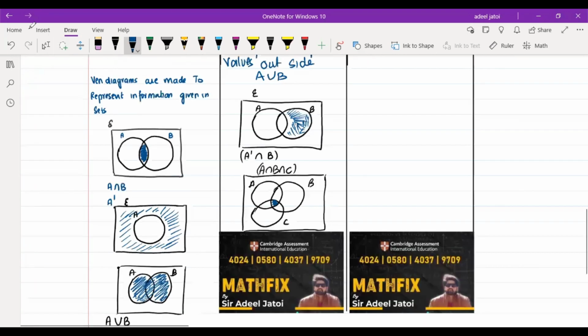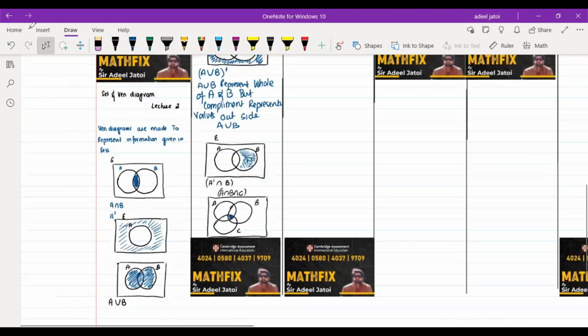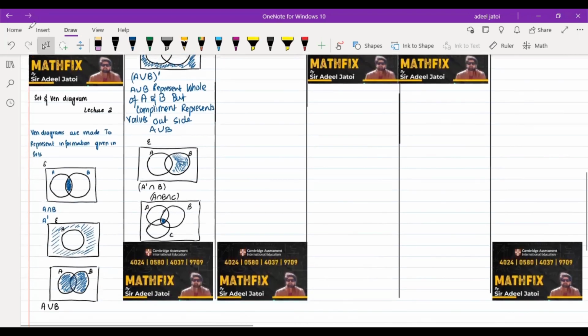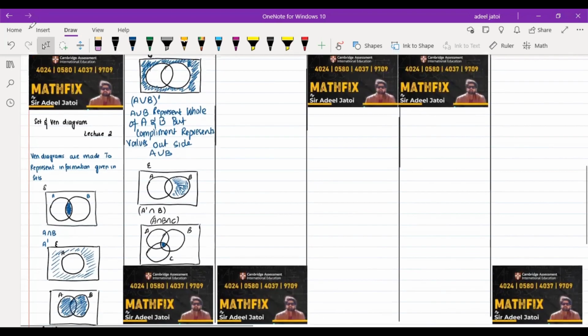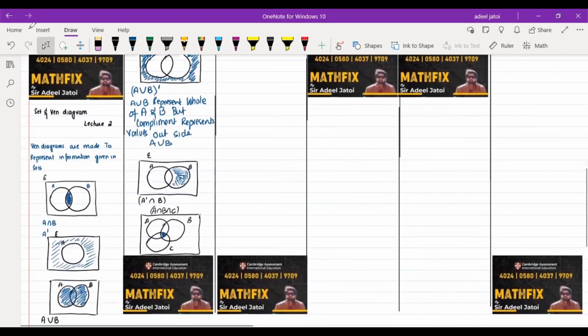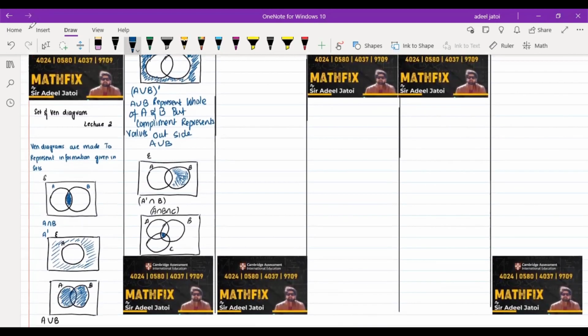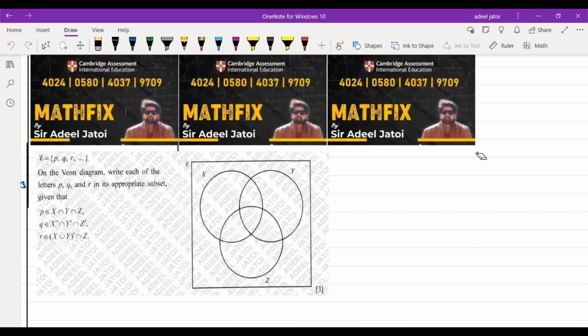So in such cases, your Venn diagrams are tested, and your Venn diagrams are always asked to represent the data given in the question in the shaded figure. So here's another example of what we can expect from the examiner.